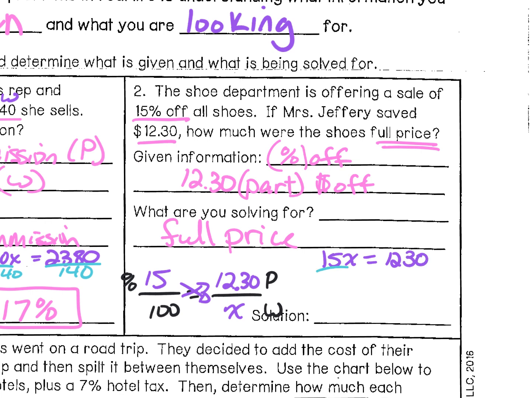Divide. Okay. And then when you divide, you should get 82. So our full price was $82.